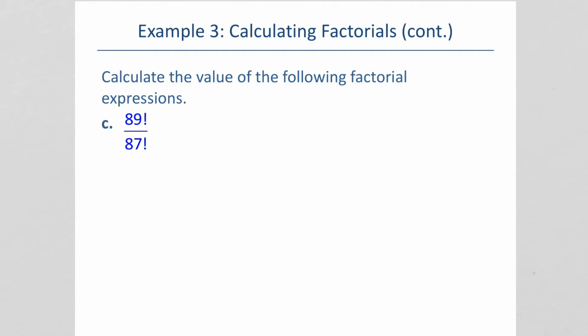89 factorial over 87 factorial. Oh my goodness. Don't think you have to write all these out. Let me show you a little trick. If we start with the top, 89 times 88 times 87, I'm going to stop there. Going on down from 87 would be 87 factorial. Notice on the bottom we have 87 factorial.